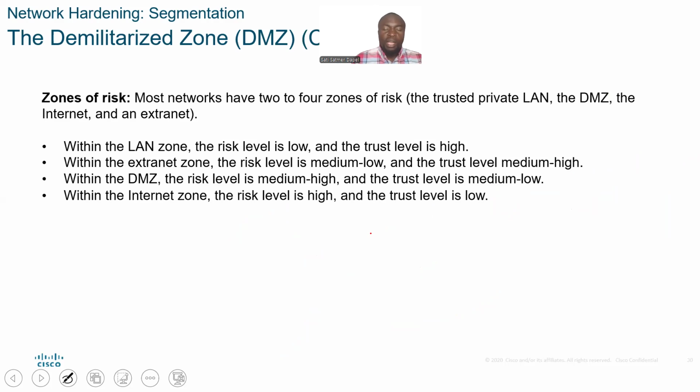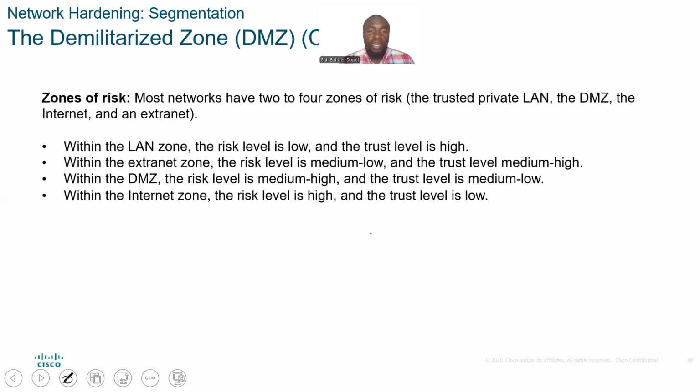Now, in DMZs, there's what we call zones of risk. Most networks have 2 to 4 zones of risk: the trusted private LAN, the DMZ, the internet, and the extranet. Now, within the LAN zone, the risk level is low and the trust level is high because they are your users, you know them.